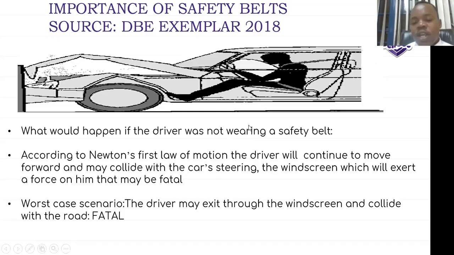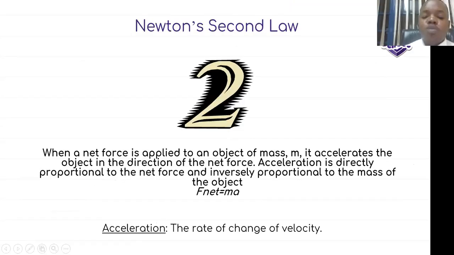And hence, it is important for you to be wearing your seat belt, which is your safety belt, at all material times. And here, I also indicate the worst case scenario, and we say the driver may exit through the windscreen and collide with the road, and that is definitely fatal.